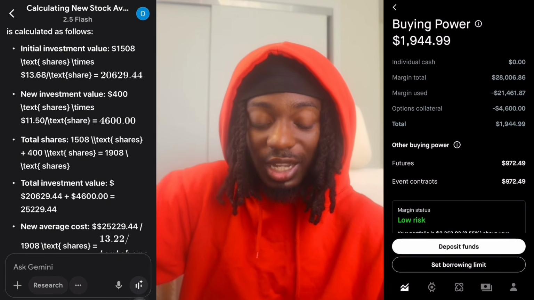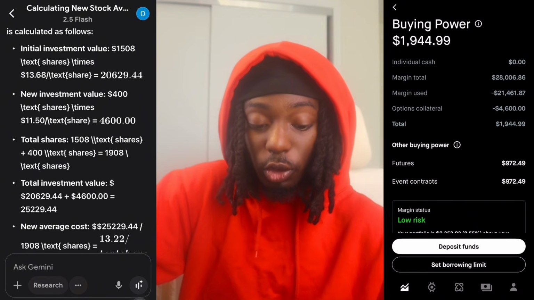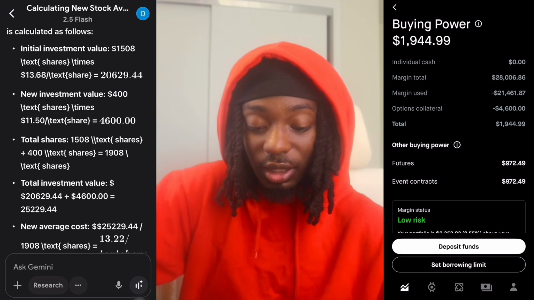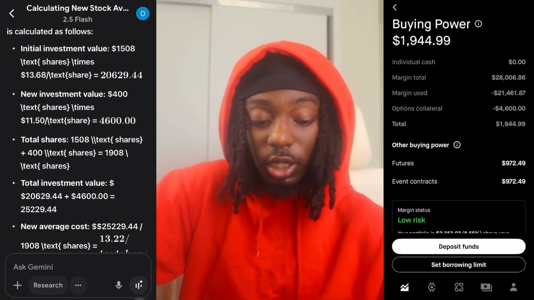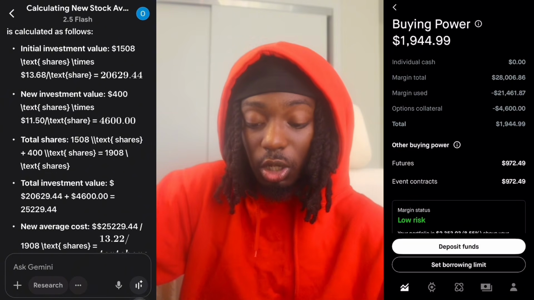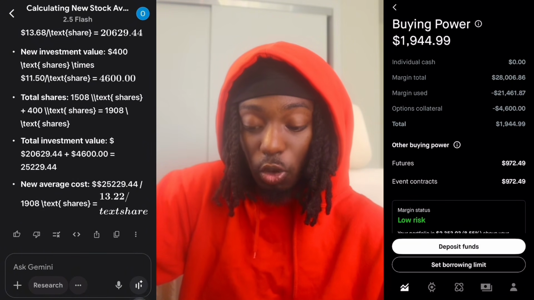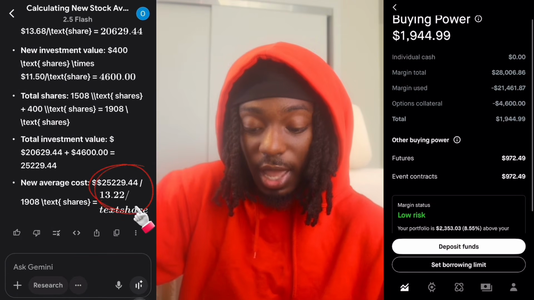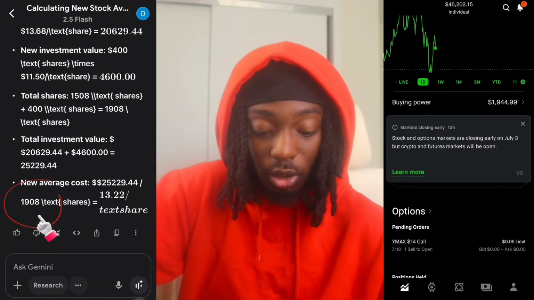So that $20,000, that's how much I'm using in margin for Tsll with the additional options collateral if it gets assigned. I'm only getting charged interest on the 21,000. Options collateral isn't assigned, so I'm not getting charged any interest on it. So my new average cost would be 13.22, and my amount of shares will be increased to 1908.